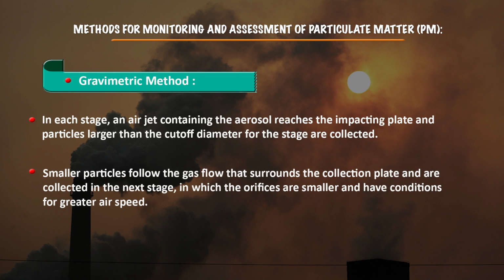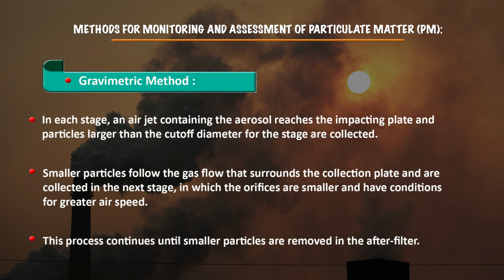The smaller particles follow the gas flow surrounding the collection plate and are collected in the next stage, where the orifices are smaller and the air speed is greater. This process continues until the smallest particles are removed in the after filter.